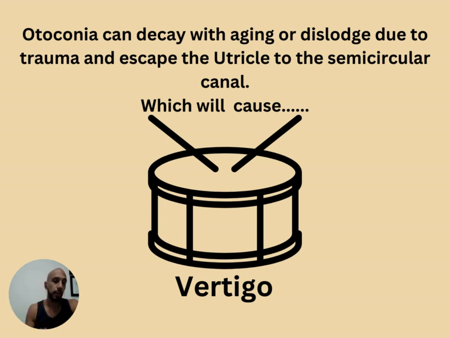So those otoconia we just mentioned are the crystals. They are attached on top of the hair cells outside of the semicircular canal. If they decay with aging or get dislodged due to trauma and escape the utricle and the saccule to the semicircular canal, now they are out of where they're supposed to be.